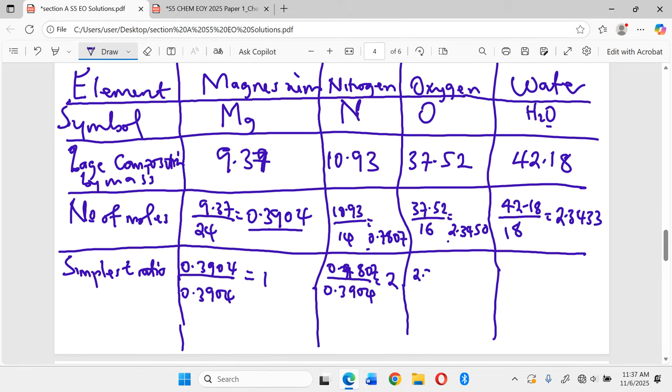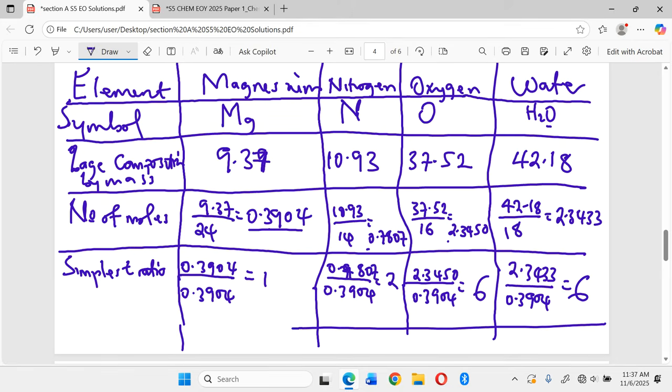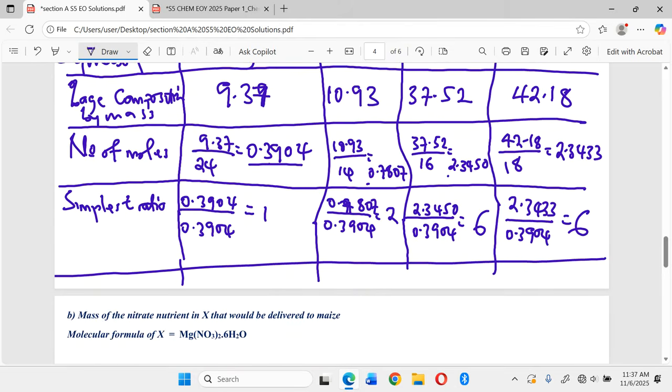So you have 2.3450 divided by 0.3904, we get a 6. Then 2.3433 over 0.3904, we also get what? A 6. So I believe from there we can be able to write the empirical formula.